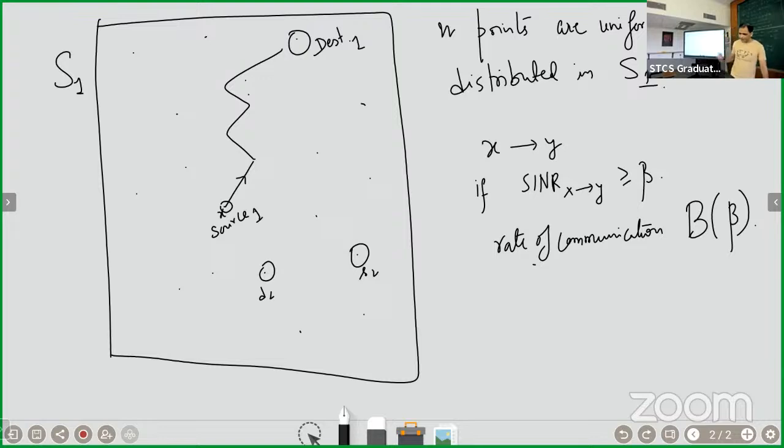So is the broad idea clear? I'll define everything rigorously. We want to see how many pairs are connected? Not necessarily. See, the problem is if the rate of communication goes down to zero, everybody is connected. What I'm interested in is how many bits you can push through this network per unit time.